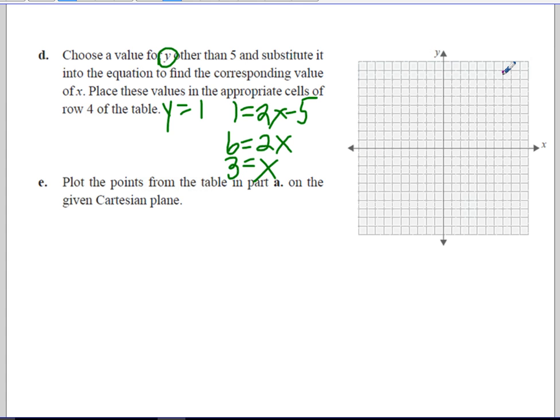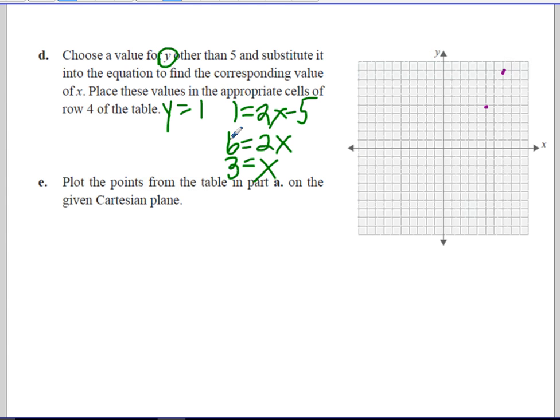Okay, way up here at the top. The next ordered pair we had was (5, 5). So 1, 2, 3, 4, 5. 1, 2, 3, 4, 5. So there's our second point, (5, 5).